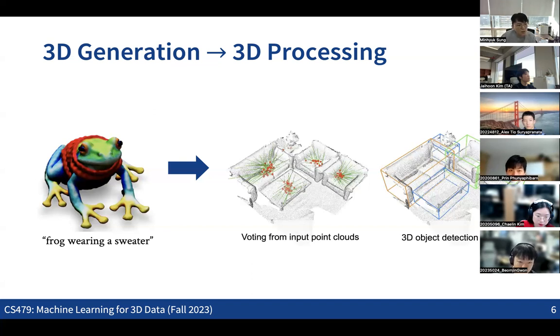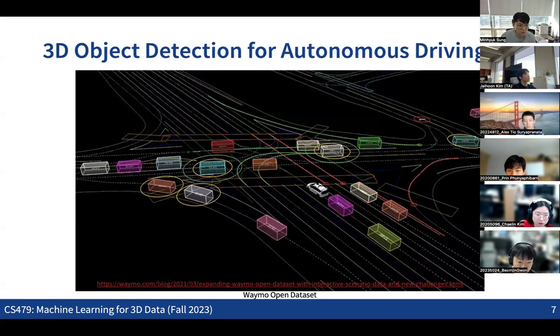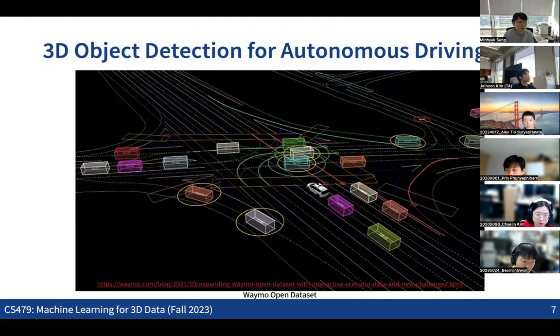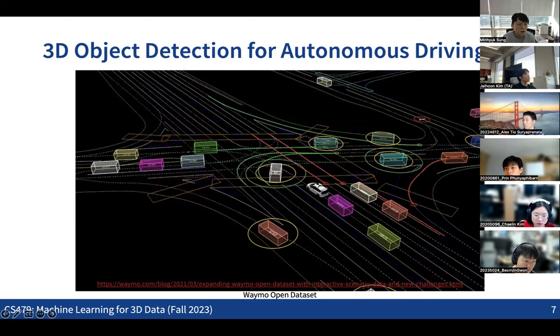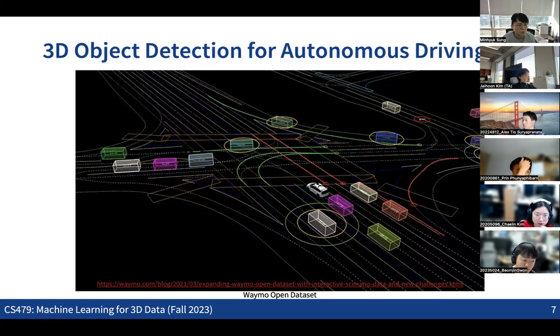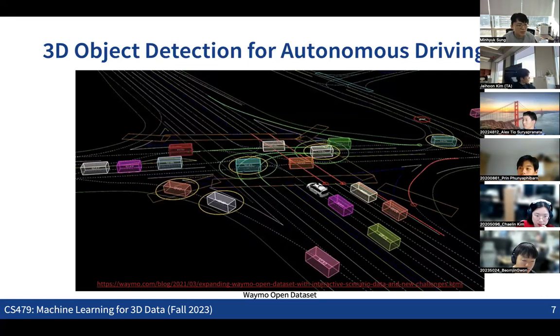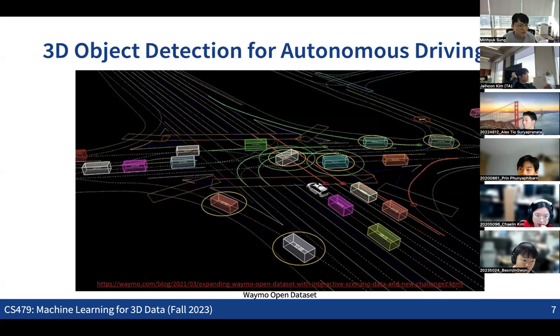and segmentation, which are fundamental tasks in many vision problems. For example, in autonomous driving, detecting other cars and other objects like pedestrians and trees is essential.